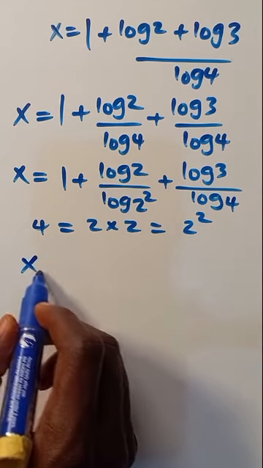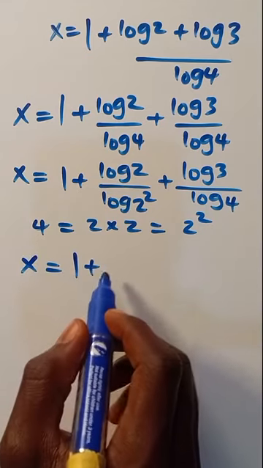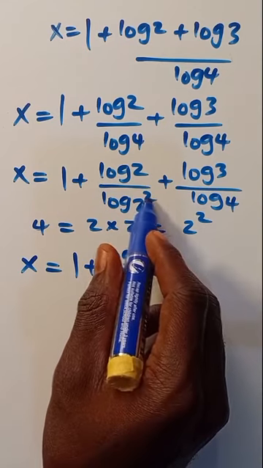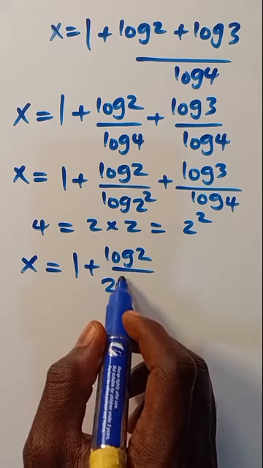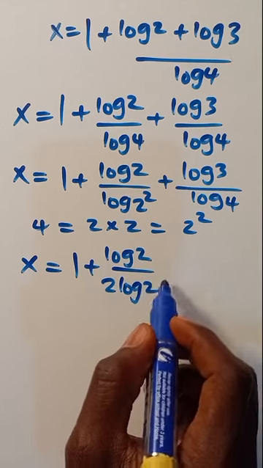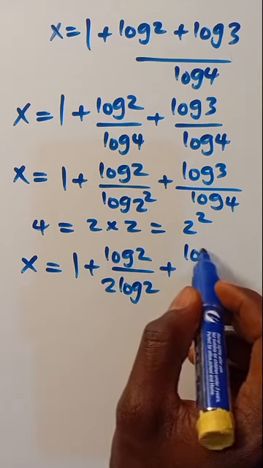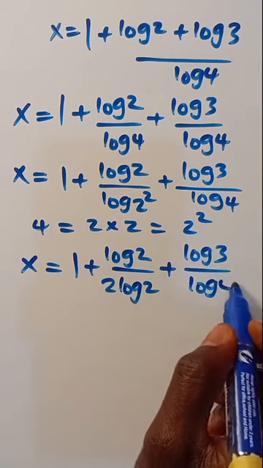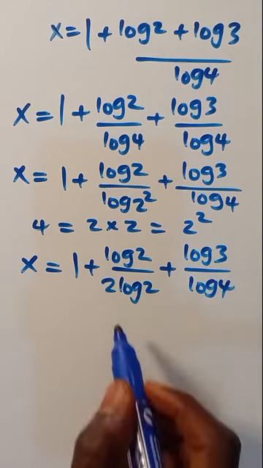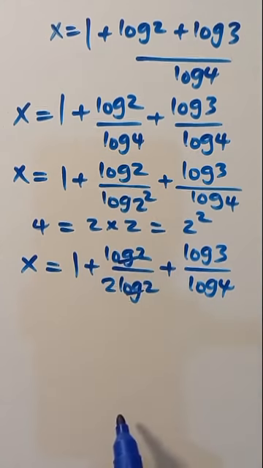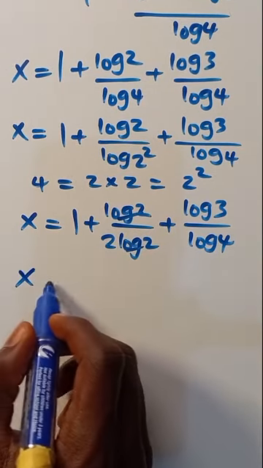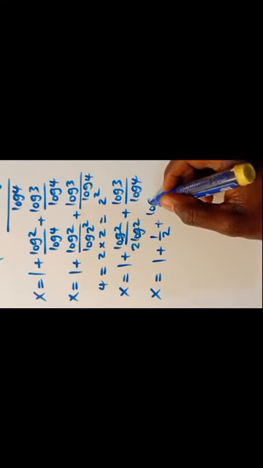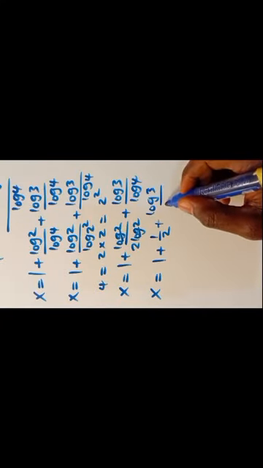So this will be x equals 1 plus log 2 over, this power will come down to the base, 2 times log 2, plus log 3 over log 4. This cancels out this. Then we have x equals 1 plus log 3 over log 4.